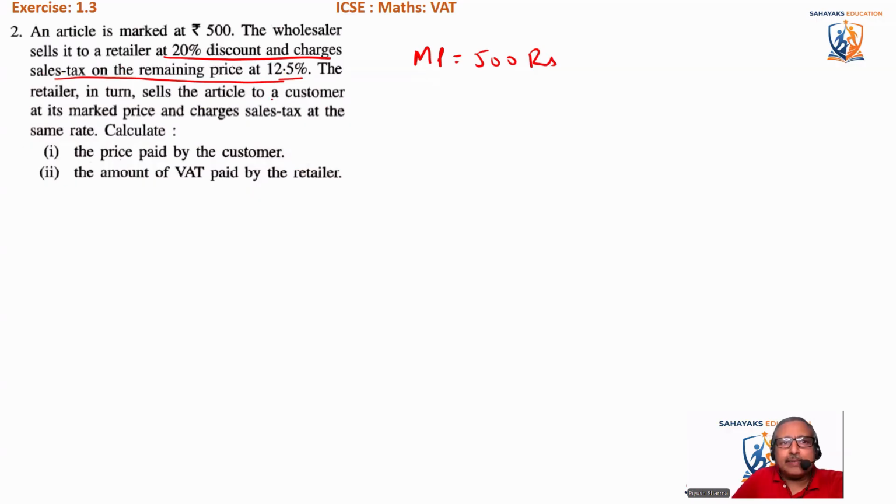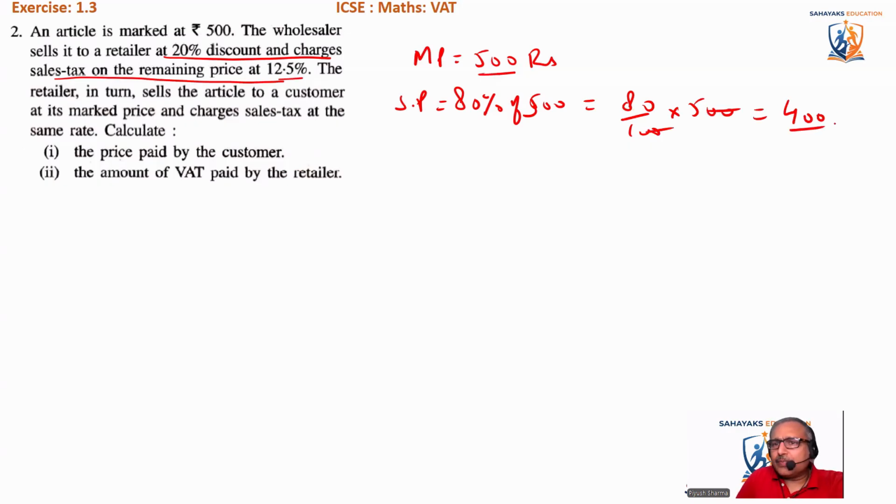When you say he gave 20% discount, that means he sold it for 80% of this price, that means 80% of 500. This is his selling price. It comes out to be 80 by 100 into 500. So it got cancelled. It becomes 400 rupees.